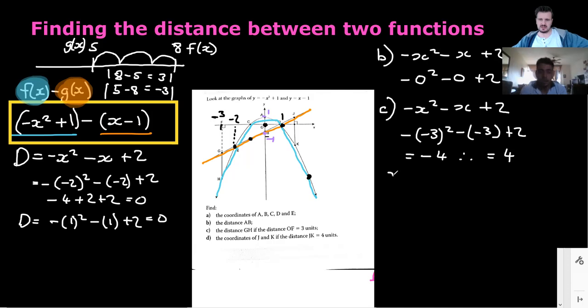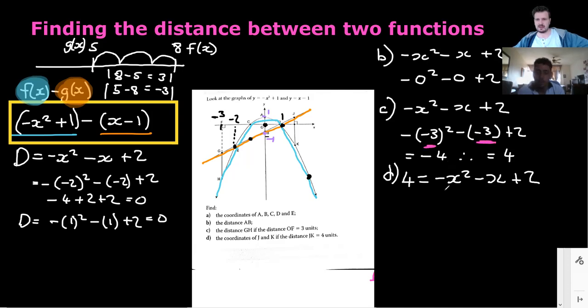Good. Now D is the coordinates of J and K. The distance JK is 4 units. So now they've actually given us the distance. What we do is put the distance, 4, equal to our distance expression and solve for x. In the others we were just substituting in a value for x.